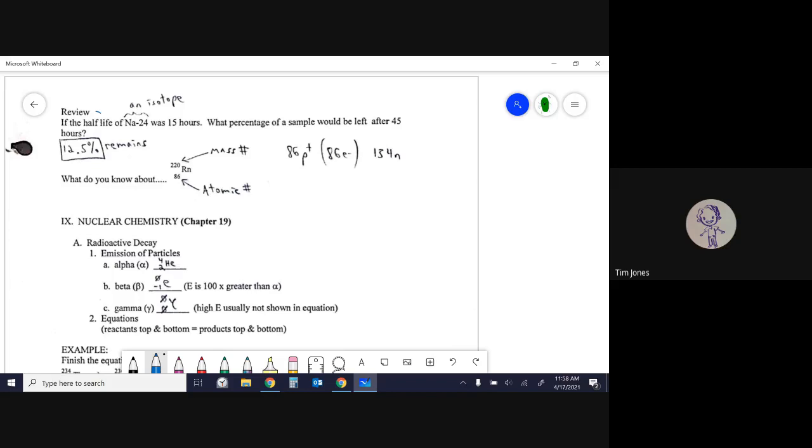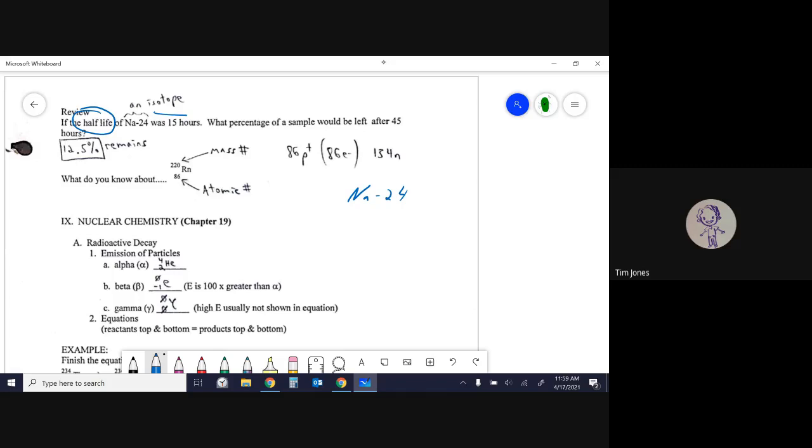We've discussed half-life before. You should know what isotopes are, but let's just go through what's going on here. If you're told Na24, like this, that is a particular isotope of sodium. And sodium has many isotopes.